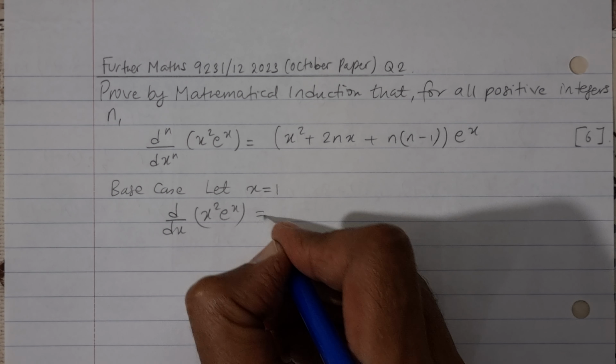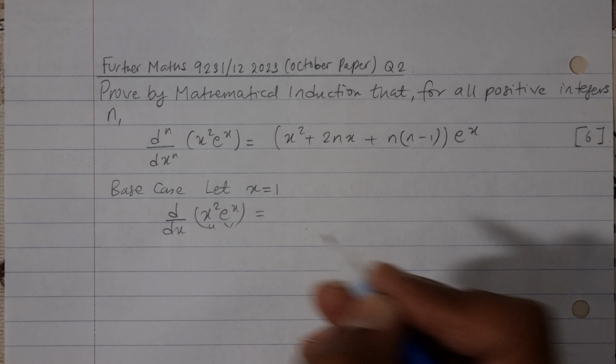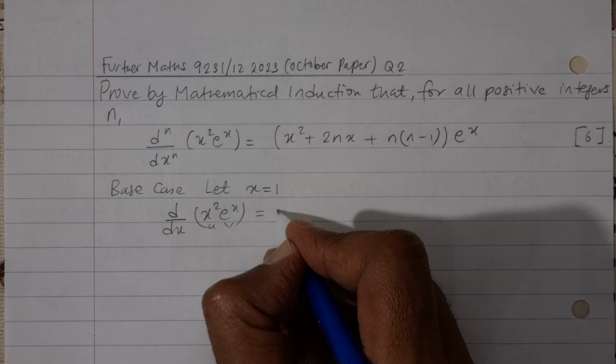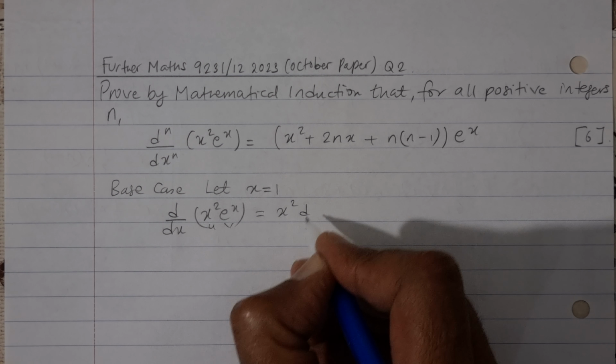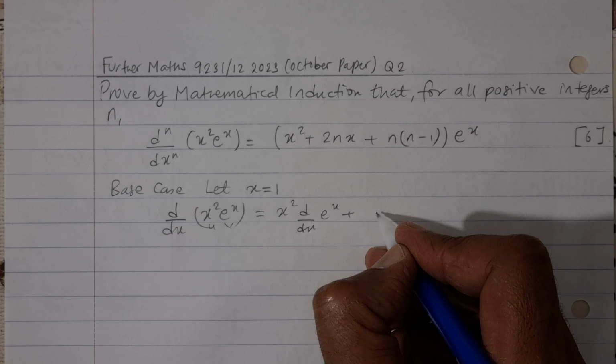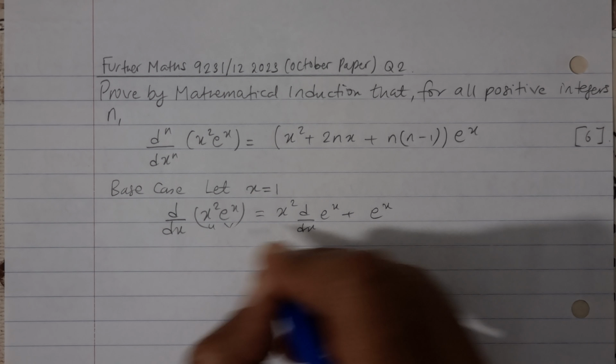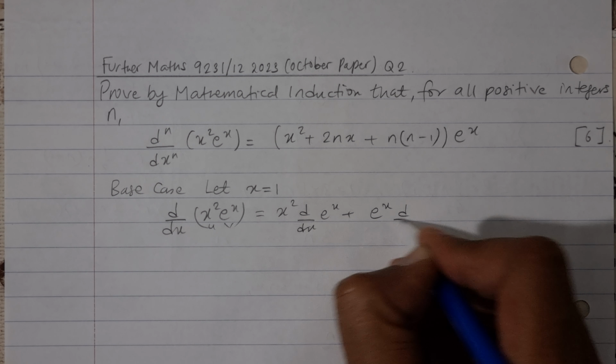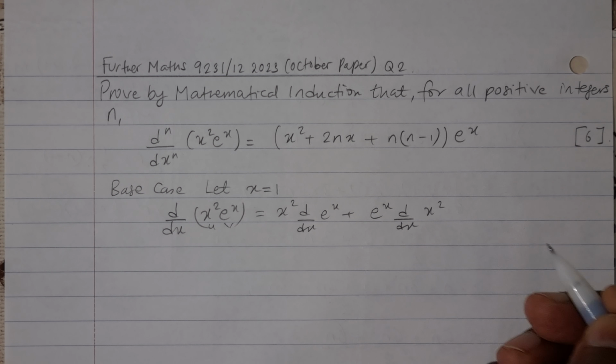I can use the product rule, and this is my u, this is my v. So u v prime, where u is x squared and v prime is d dx of e to the x, plus v u prime, where v is e to the x and u prime is d dx of x squared.